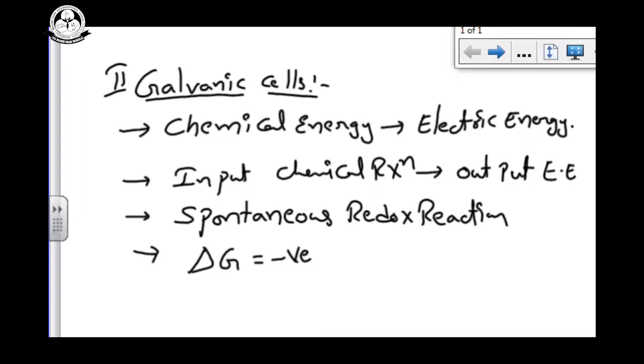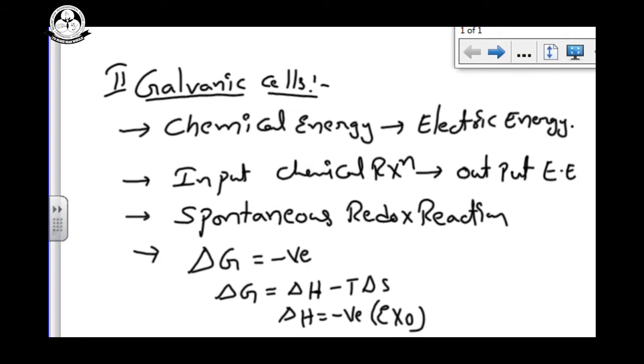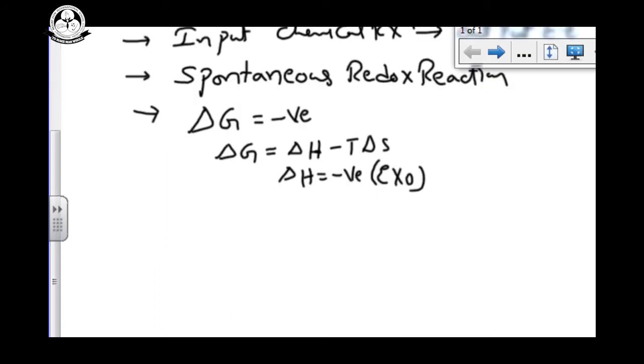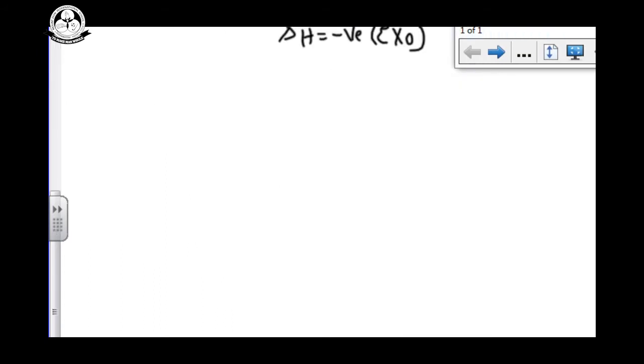At the same time, in galvanic cells, the delta G is negative, so delta G is equal to delta H minus T delta S, and the delta H value is also negative. Negative stands for an exothermic reaction, so energy will be liberated. Yes, batteries can release energy. Correct? Exothermic reaction. Before going to the galvanic cells, we will see one simple experiment for the galvanic cells.